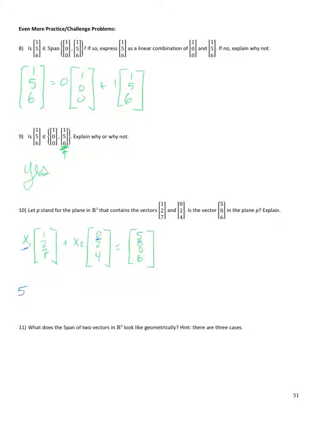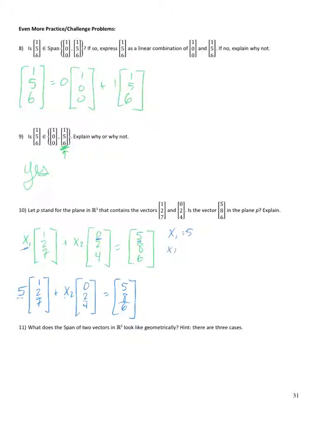So if I put a 5 here, let's see if we can figure out what x2 has to be. Okay, so 5 times 2 is 10. So this 5 times this 2 gives me 10. I need the second component to add up to 8, which means that this x2 would have to be negative 1, so that I get negative 2 here. So x2 would have to be negative 1.